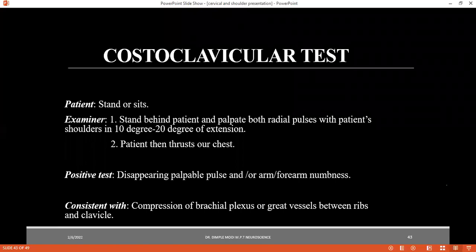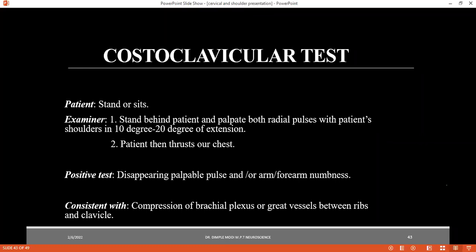Postoclavicular test. Patient sits, stands. In both the positions you can do. Ask the patient, you have to stand behind the patient, palpate both the radial pulses, okay, with shoulder in 10 to 20 degrees of extension, and then the patient does the thrust out test. You have to ask the patient to expand the chest. Okay, when the patient expands the chest, there is a disappearance of the pulse.